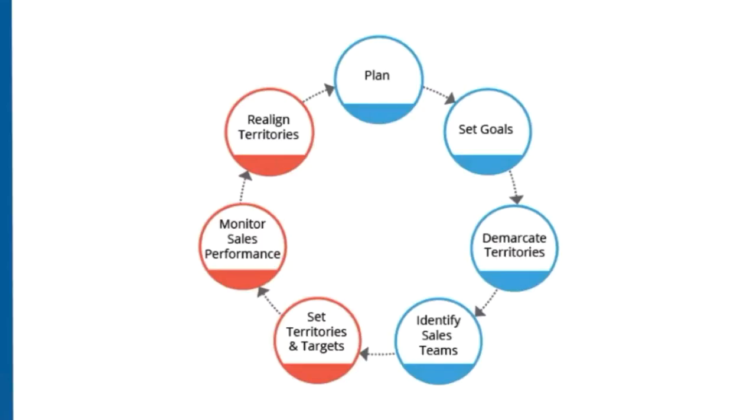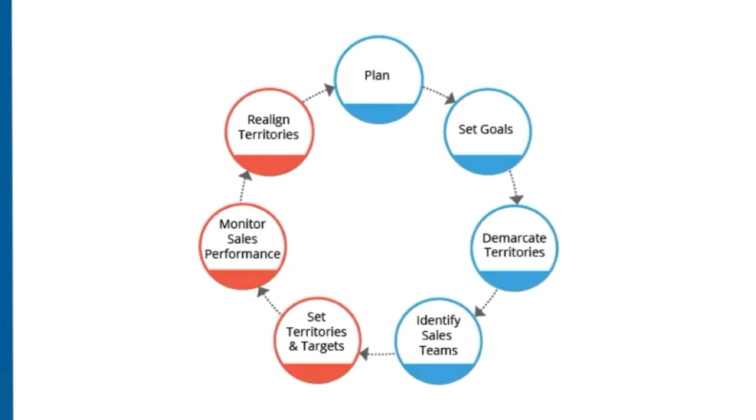As they close deals, you can easily monitor sales performance. Say after a quarter or 6 months or a year, you can review their performance, not just individual performance, but also overall territory-wise performance. And if you need any changes, you can always realign territories using Zoho CRM territory management.